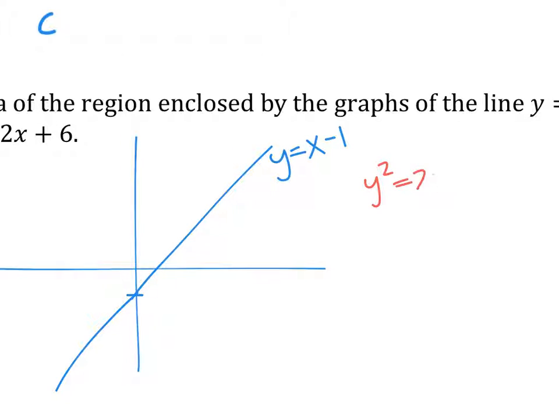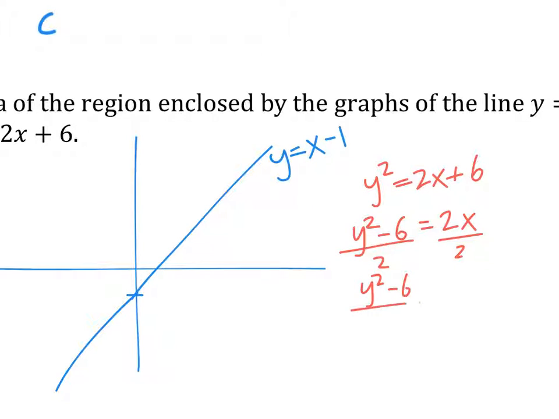Y squared equals 2x plus 6. Let's divide by 2. So that is y squared minus 6 over 2 equals x. Let's simplify this some more so it looks like a standard form or a vertex form. X equals 1/2 y squared minus 3.